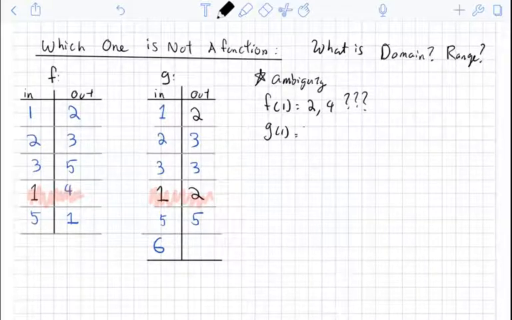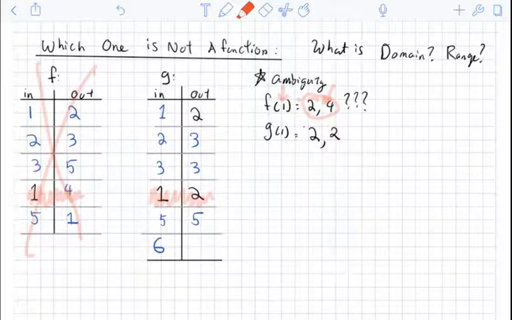For g, the answer is either 2 or 2. Well, these two are different numbers, and that means that for the same number looked up, 1, you can get different answers. And that's bad. That means that f is not a function.